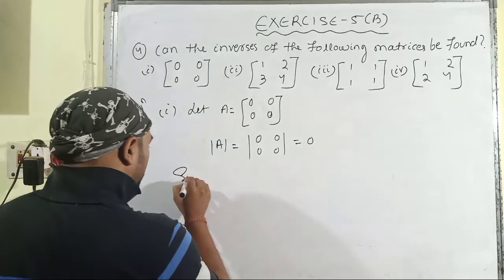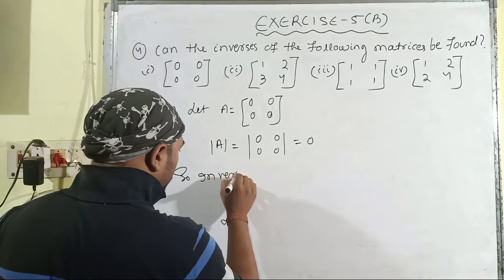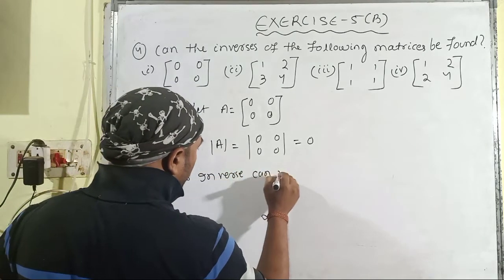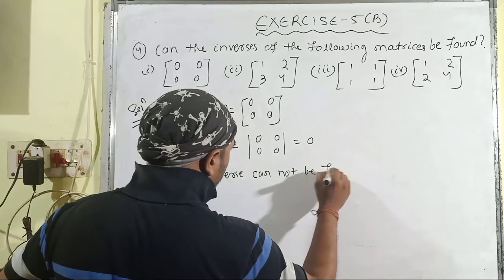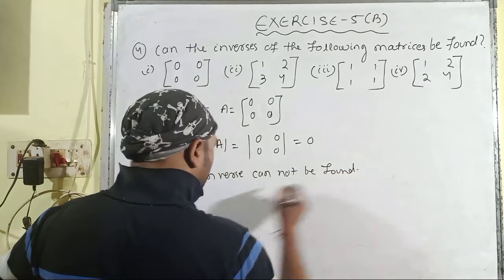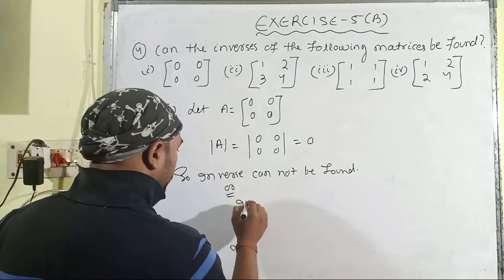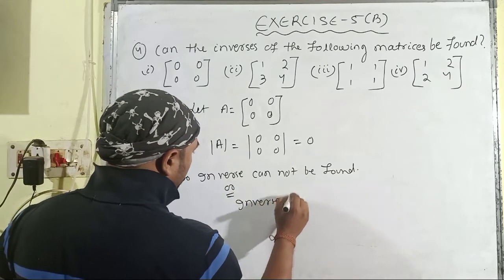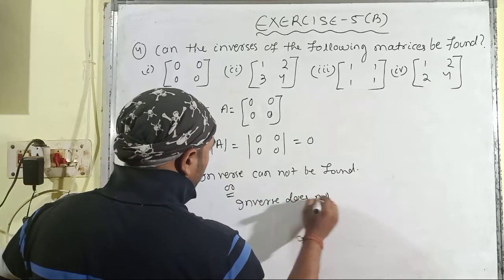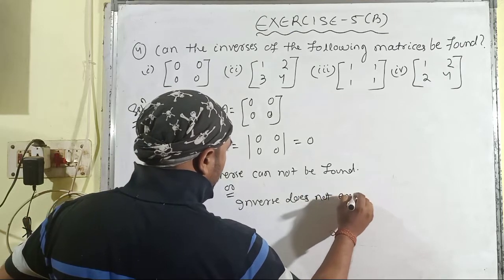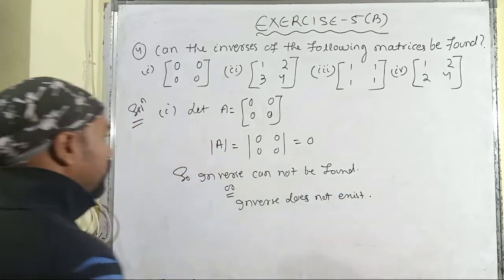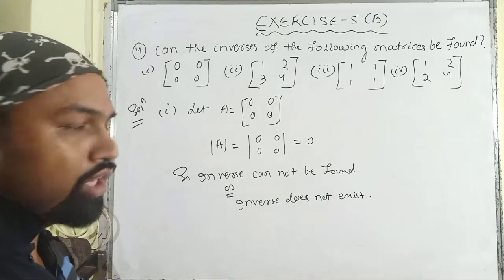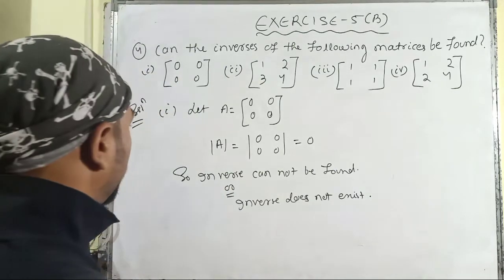So the inverse cannot be found, or you can also write down the inverse does not exist here, because the determinant of the given matrix is equal to 0.